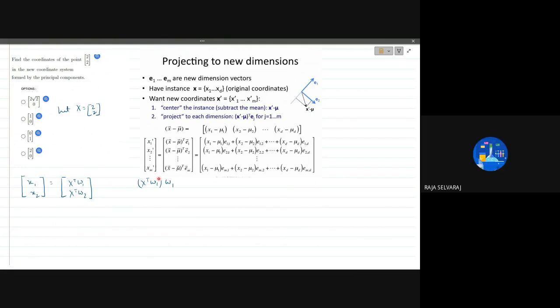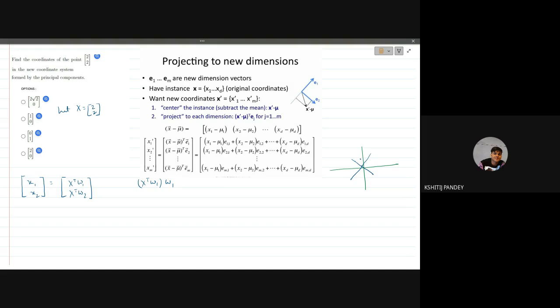Now just imagine this is your XY plane, the original coordinate system, and this is PC1, this is PC2. So this is the point.